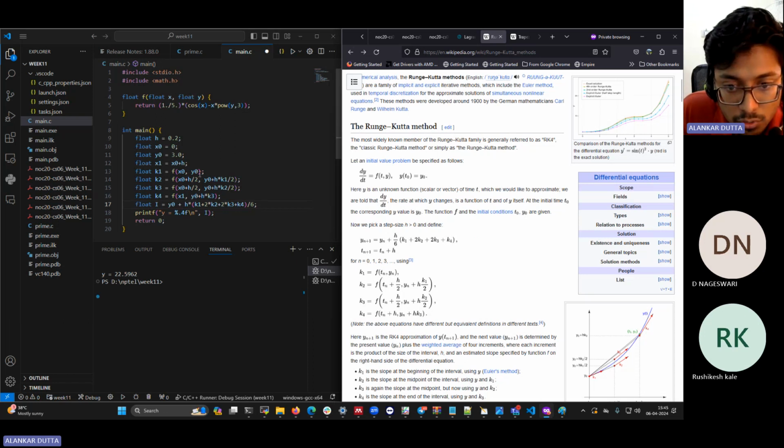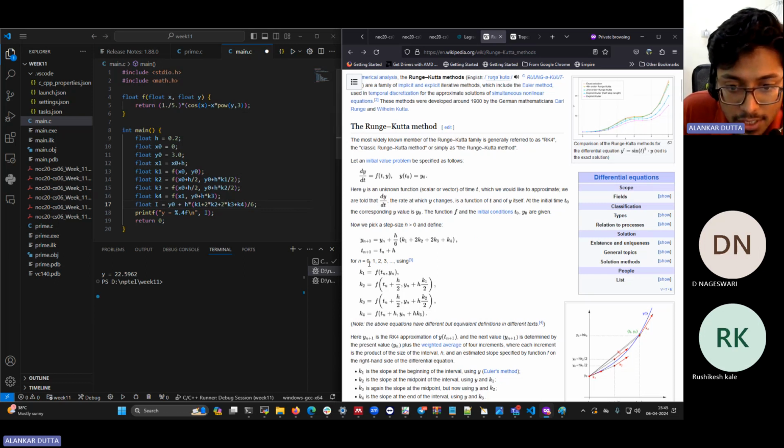So we find out at x0, y0, where we start, and then at x0 plus h by 2, and y at y0 plus h times k1 by 2, and similarly k3 is x0 plus h by 2 and y0 plus h times k2 over 2, and similarly k4 is x1 and y value is y0 plus h times k3, right?